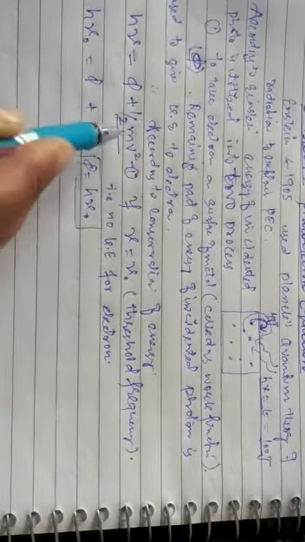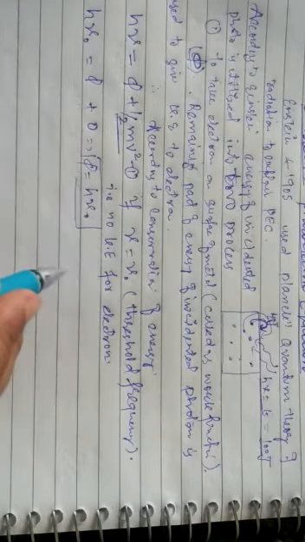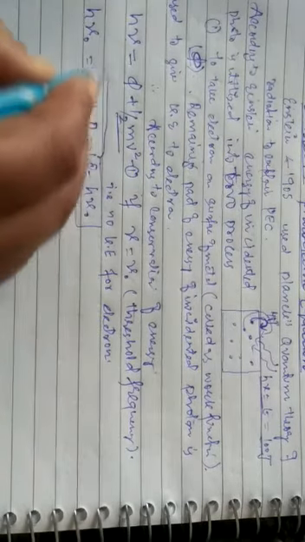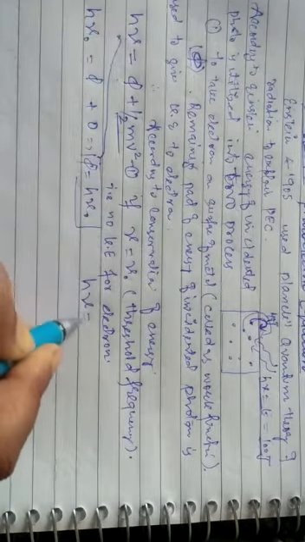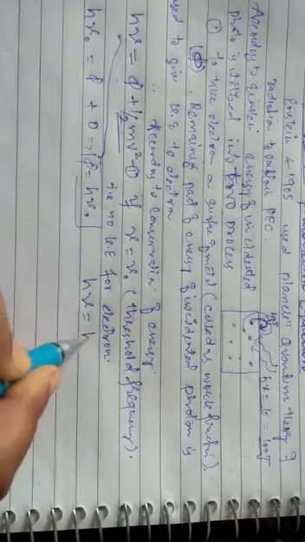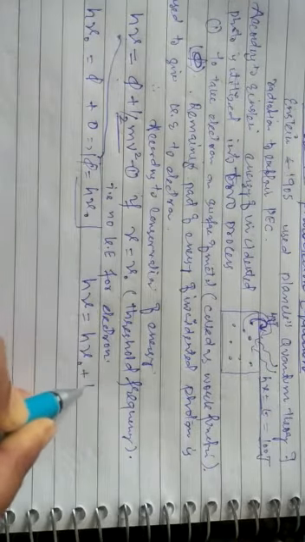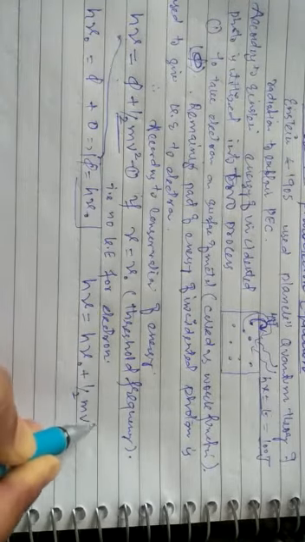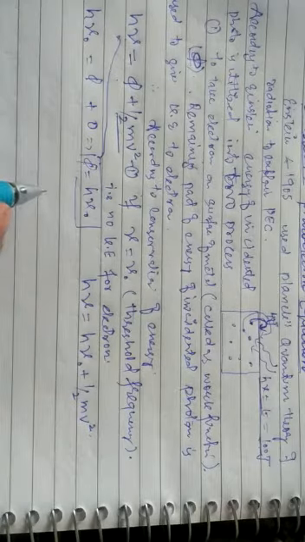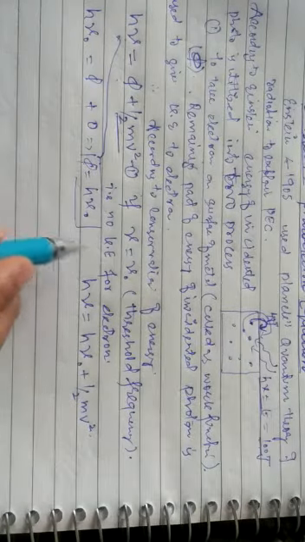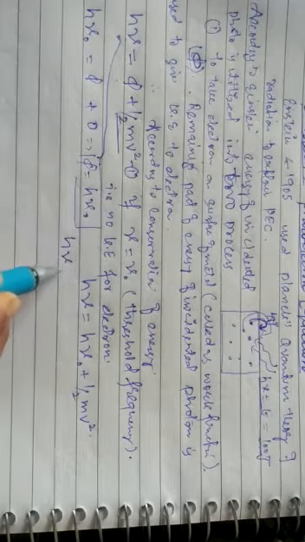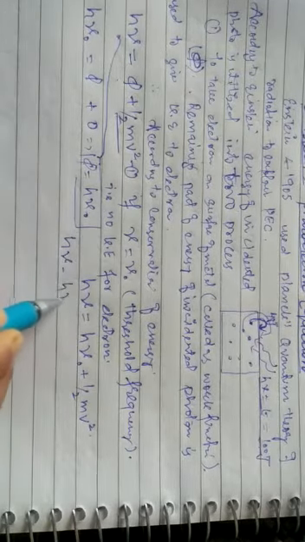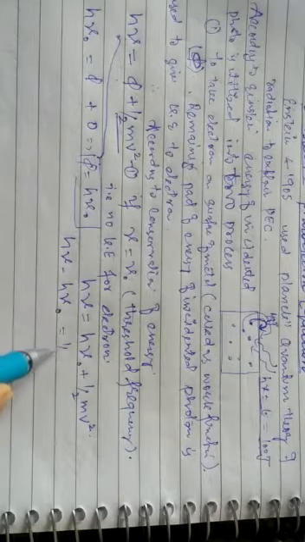Using this value in equation 1, instead of phi we place h nu naught. So h nu is equal to h nu naught plus 1 by 2 m v square, or h nu minus h nu naught is equal to 1 by 2 m v square.